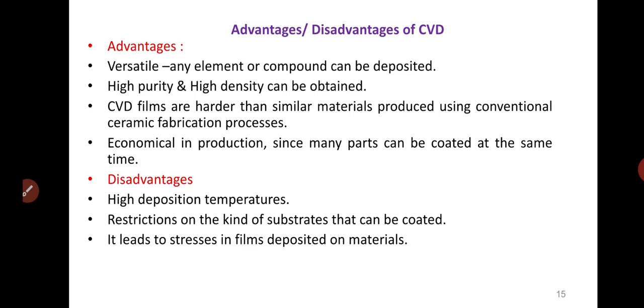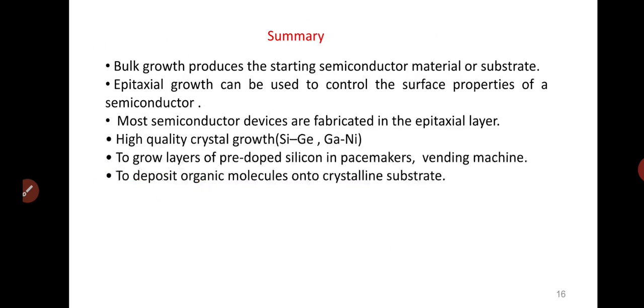And this method is economical in production since many parts can be coated at the same time. Disadvantages of this method are that a high deposition temperature is required, there are restrictions on the kind of substrates that can be coated, and in this method, some traces of impurities will be found.